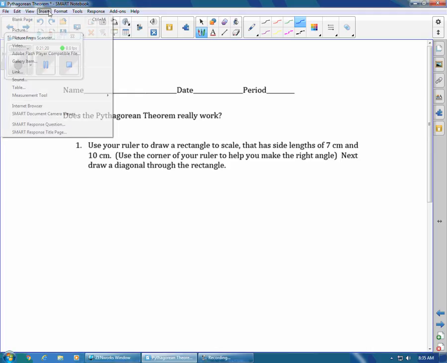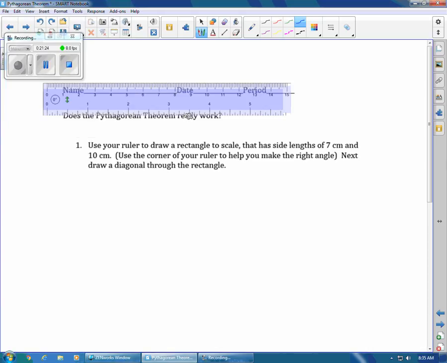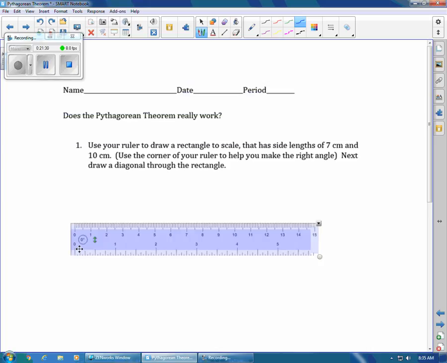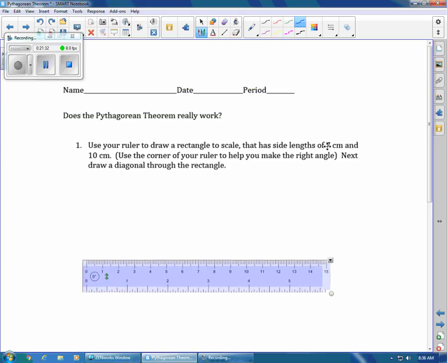Let me see if I can insert a ruler here. Okay. Oh, come on. I just want to move you. There we go. And I'm going to have a side length of 7 meters and a side length of 10 meters. So I'm going to take a straight edge and, I'm sorry, centimeters, not meters, silly me. So here's my 10, and then I'm going to turn my ruler.